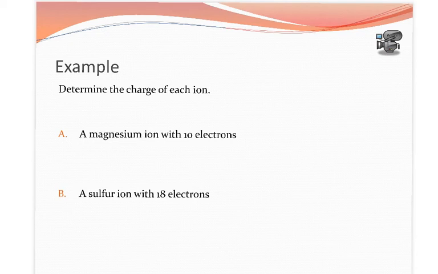positively charged cation. And we've seen we can determine such charge by determining our number of protons minus our number of electrons. So let's do an example. We have a magnesium ion with 10 electrons. Of course, we have the number of protons because we can look up magnesium in the periodic table, and we find that it has an atomic number of 12, which is the number of protons.